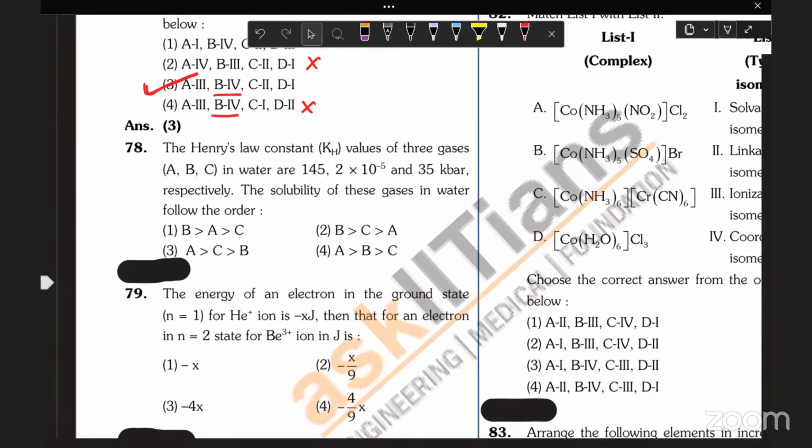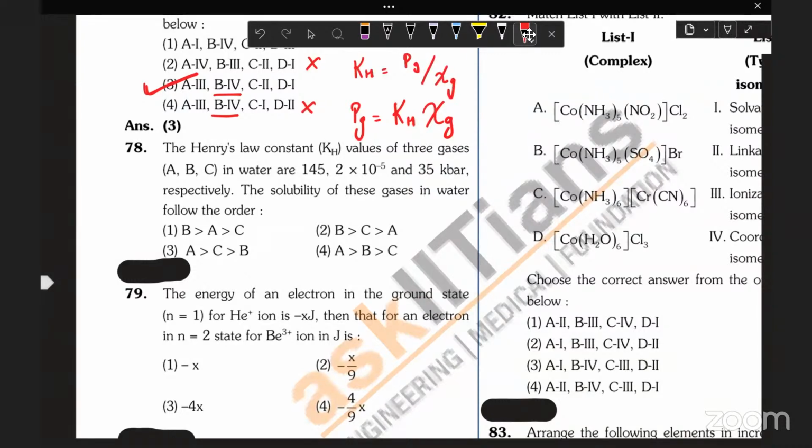Let me write the formula for you. Pressure of gas is equal to KH into mole fraction of gas. That's the formula. Now, if you observe properly, KH is inversely proportional to solubility. How is that? KH will be pressure of gas upon solubility of gas.